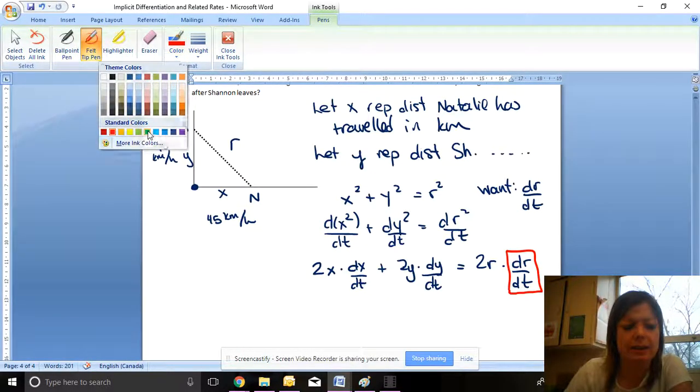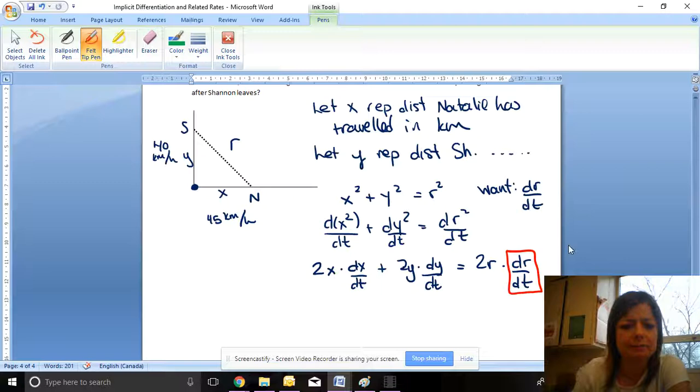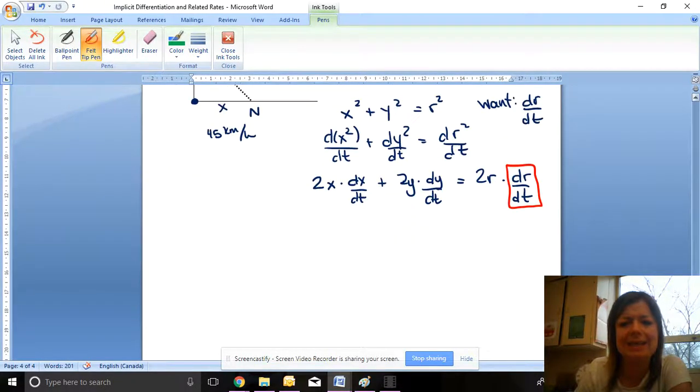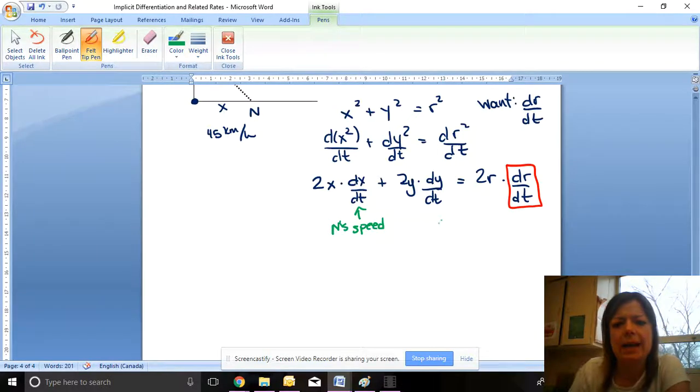So let's think about this. dx/dt means the change of x with respect to time, so that is actually Natalie's speed. And dy/dt, again, is the change of distance with respect to time, so this is actually just Shannon's speed.